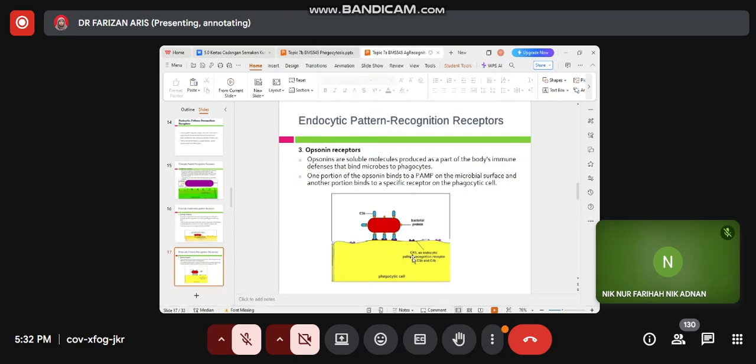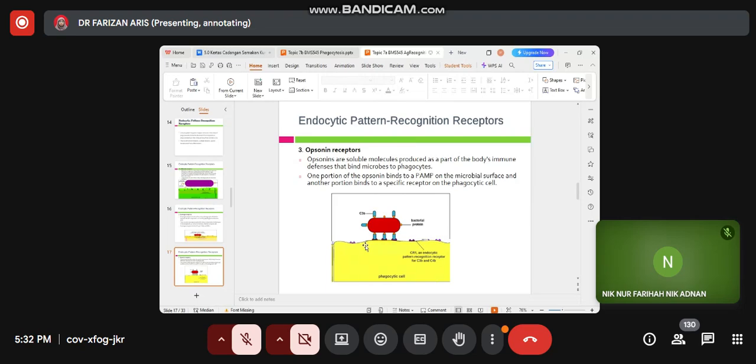So for opsonin, the difference from the previous type of receptor is that they are not recognizing the bacteria directly. Instead, they recognize the intermediary protein, which is the coating protein. So still remember the function of opsonin is to tag, right?